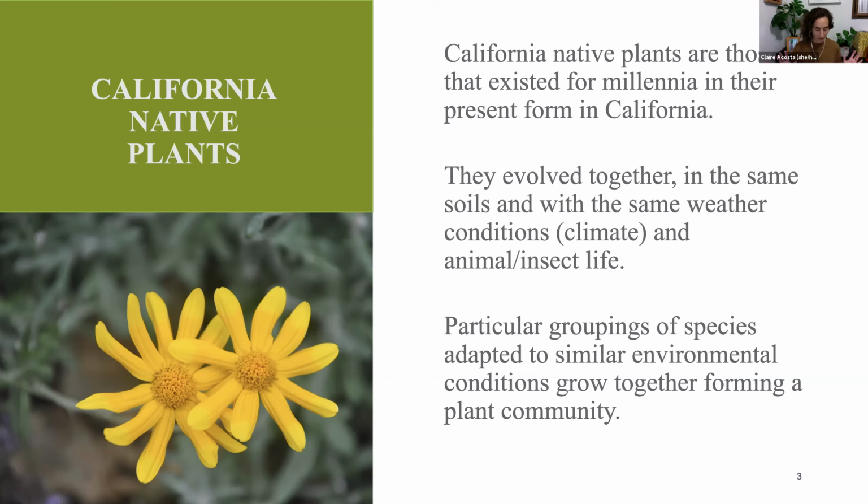These are plants that have been here and evolved in California for millennia. Just because you've seen a photo from the 1890s of LA with a palm tree in it doesn't mean that it's native just because it's 100 years old or more. This is thousands of years. So really a long time they've evolved in these spaces.